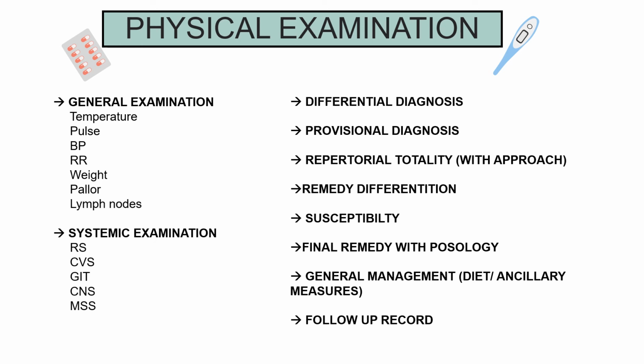After the repertorial totality, we will go for remedy differentiation, susceptibility of the patient, and then accordingly we will choose the final remedy with posology, then general management, which should be advised by the physician so that the patient can follow accordingly. It can be in diet and auxiliary measures taken to assist the patient's daily routine.